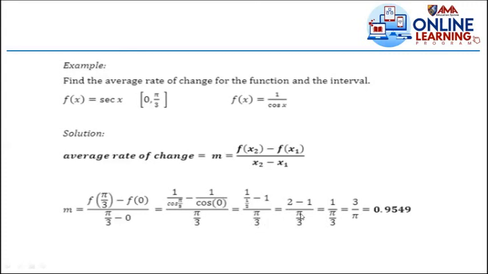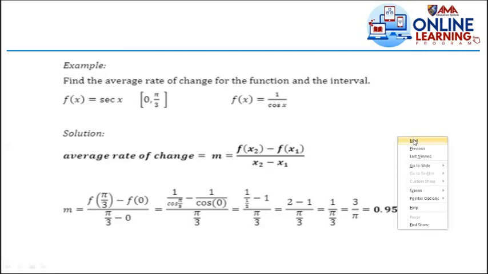So 2 minus 1 divided by pi over 3 gives us 1 divided by pi over 3. Again, division of fractions, so your answer will be 3 over pi. Using your calculator, we have 0.9549. So that is now the slope of the secant line.